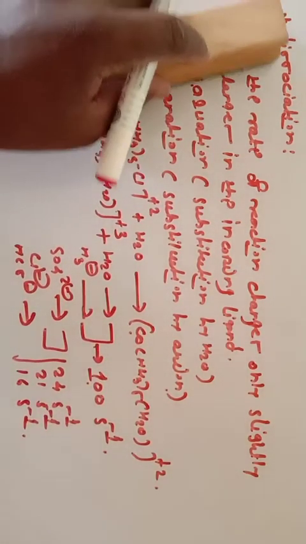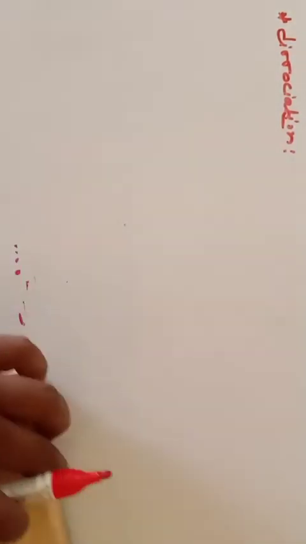Let us consider the second important point regarding the dissociative type of mechanism, or the evidences for dissociation.